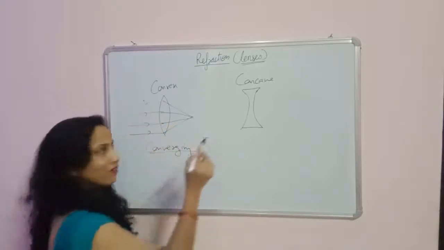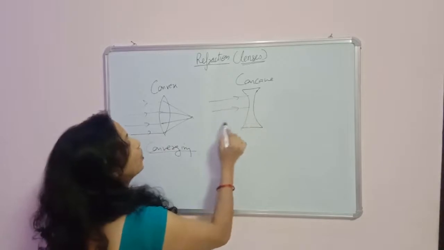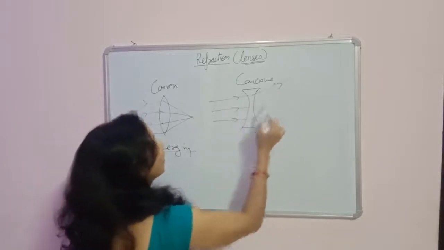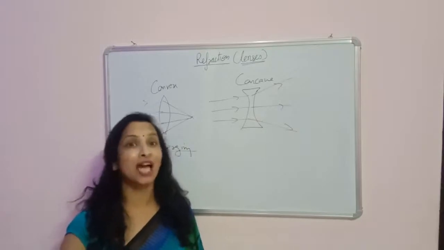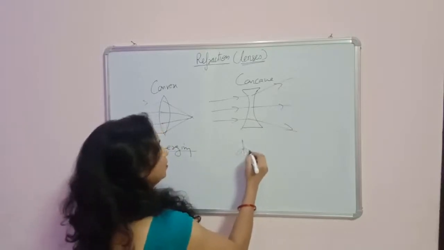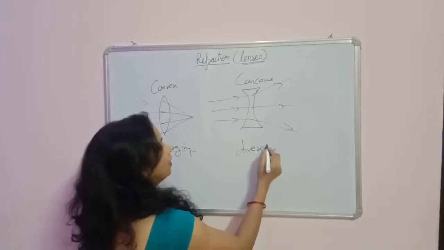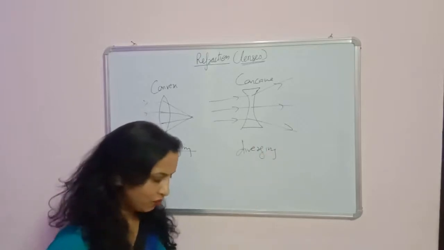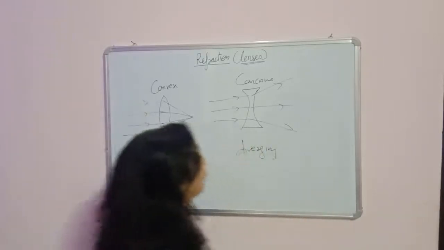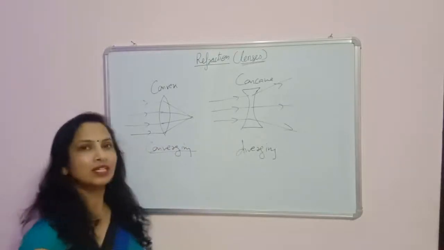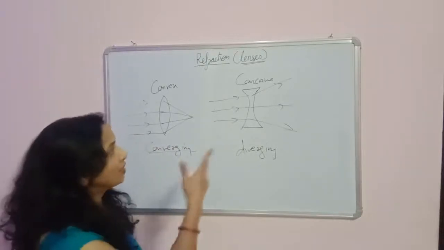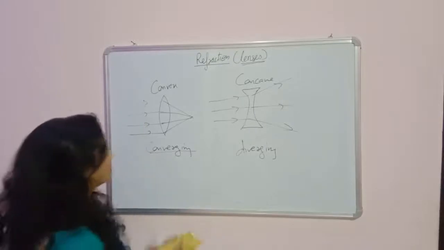And about the concave lens, the light rays which fall on it, it diverges. So this is called the concave lens or the diverging lens. Now first I am going to explain you how these lenses work, how the convex lens converges the light rays and why the concave lens diverges the light rays.